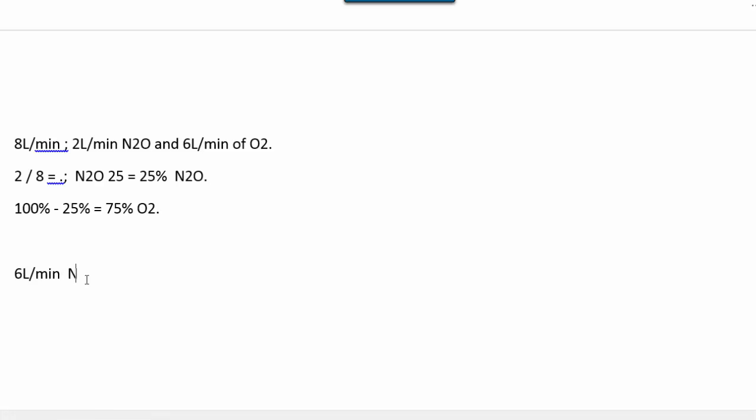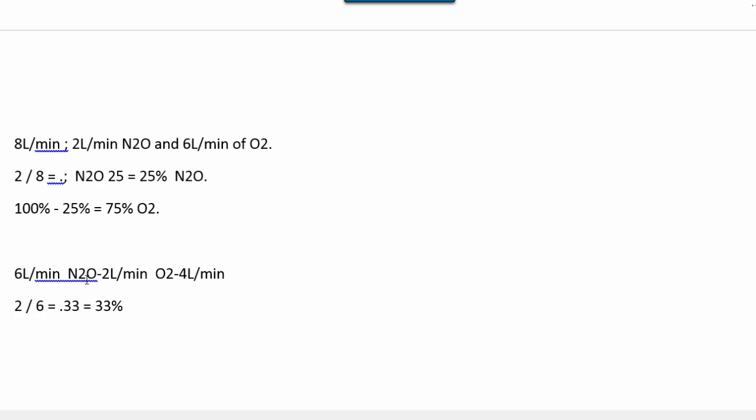The nitrous was set at 2 liters a minute, and the oxygen was set at 4 liters a minute. Then to determine the percentage of nitrous, you would do 2 liters of nitrous per minute divided by the tidal volume of 6, which is going to equal 0.33, which is 33%.